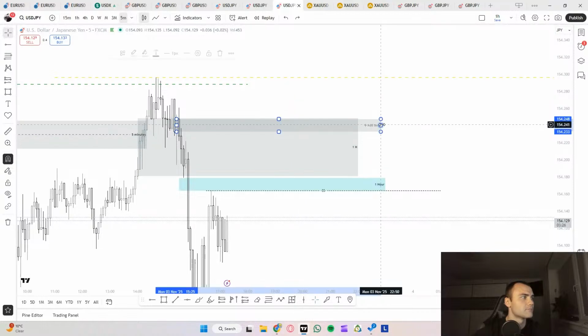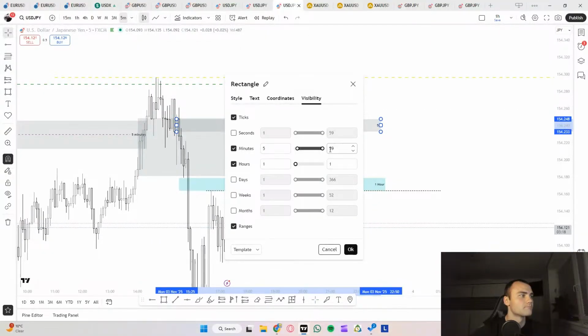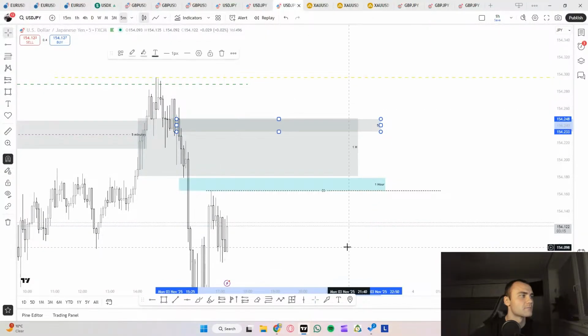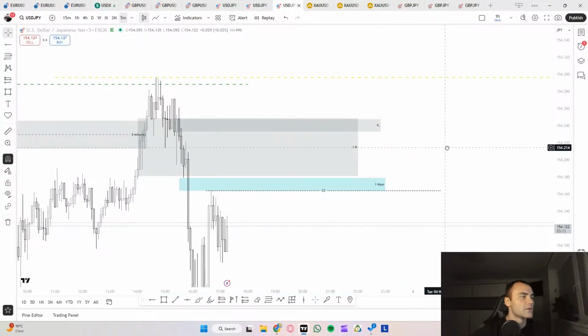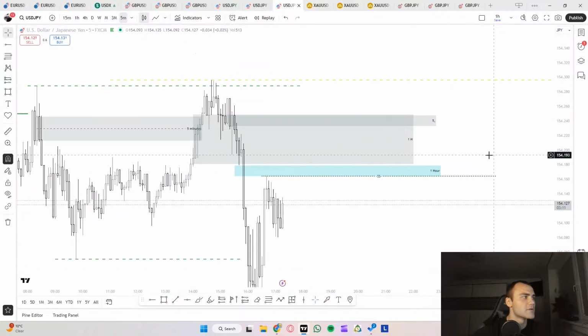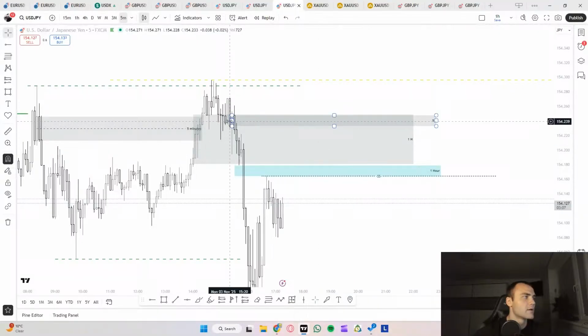No. I'll make it visible on 1 hour. Yeah, it is. Right, this 5 minutes order block, I'll call it valid because it got liquidity, right?